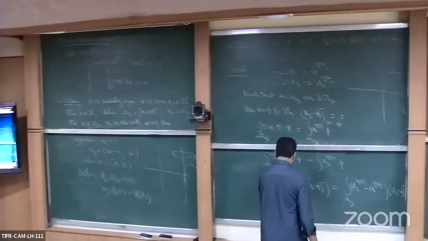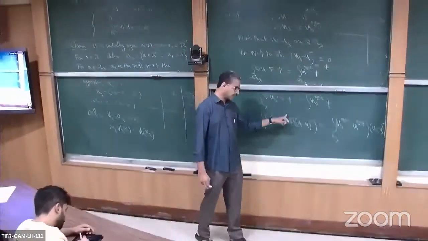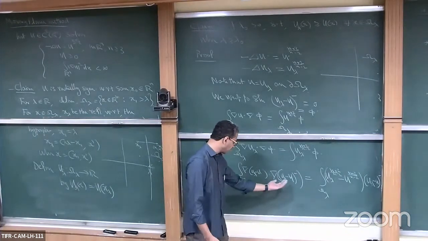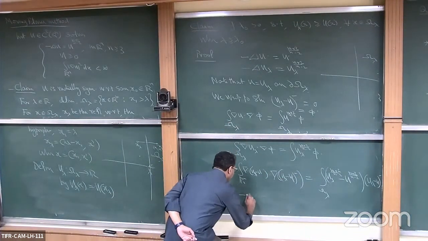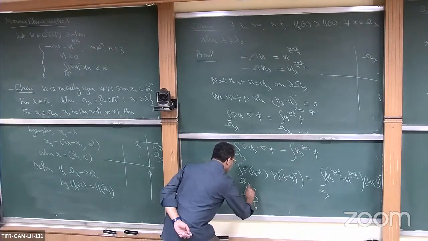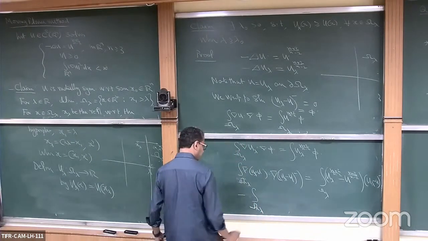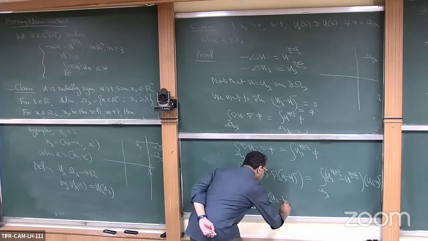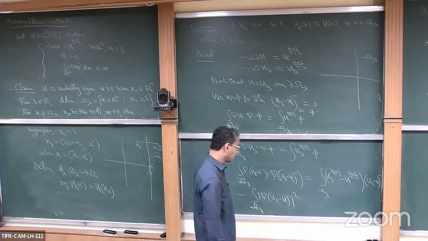Now here you can write u lambda minus u as its plus minus its negative part. The plus part and the minus part, when you take the gradient, will vanish, and then this is going to be basically minus the integral over modulus of gradient of u lambda minus u, minus, squared.